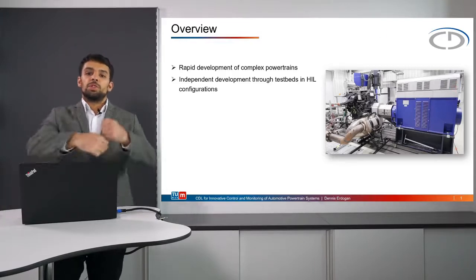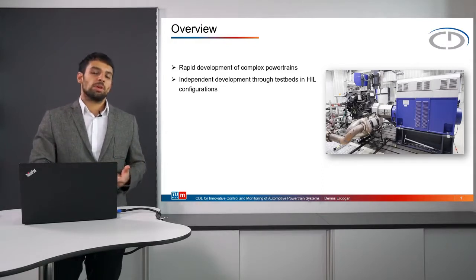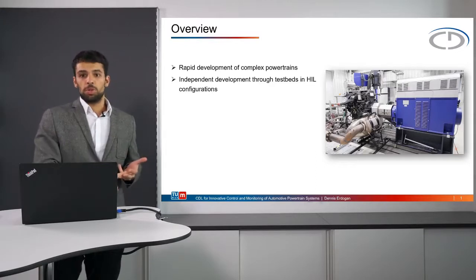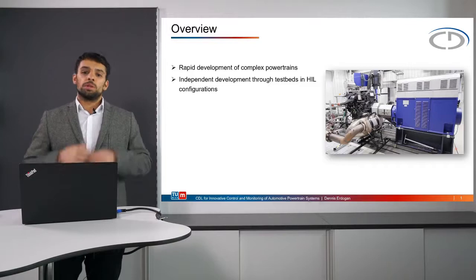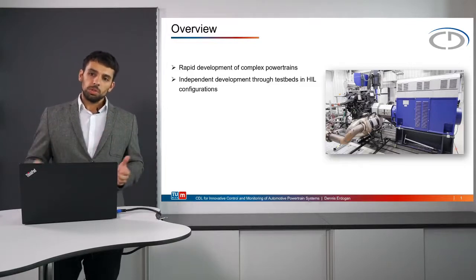Further advantages are reduced costs, reproducible tests, arbitrary environmental conditions, and measurements which are otherwise not possible to make. For example, the torque measurements of the half shafts of a powertrain.